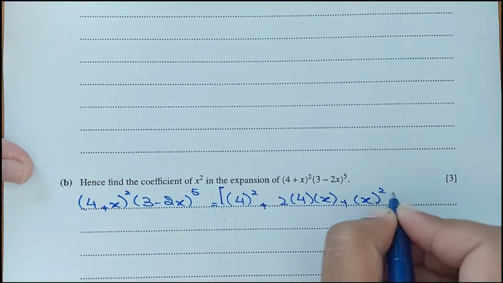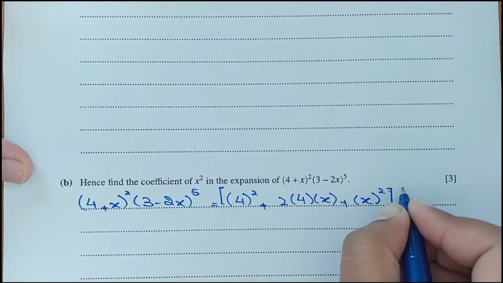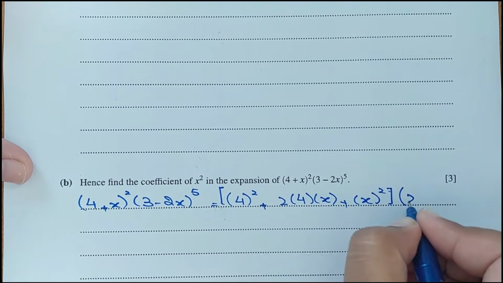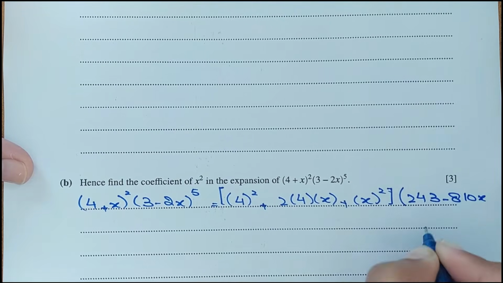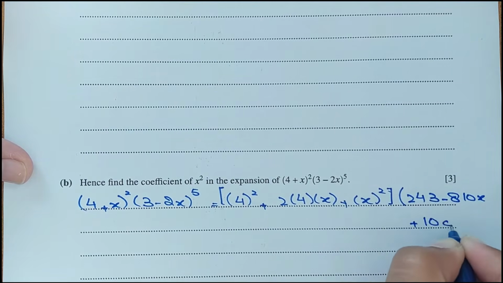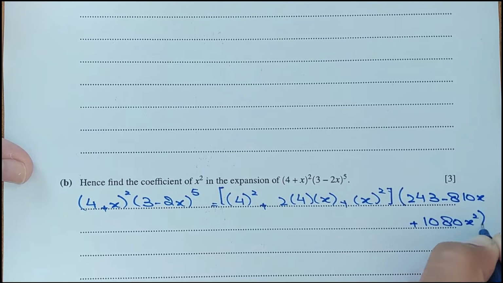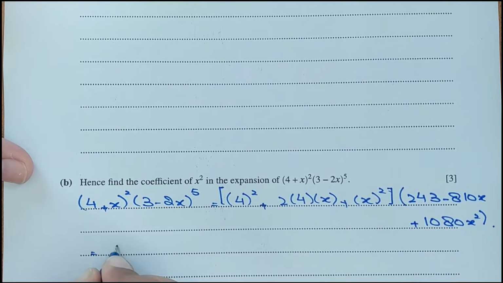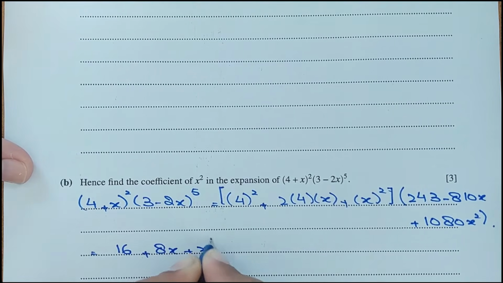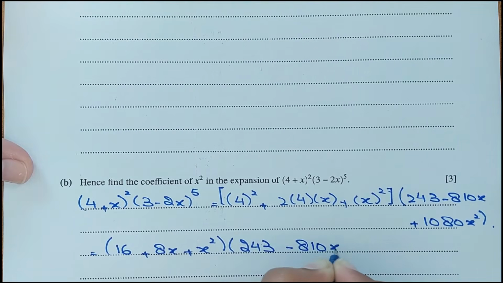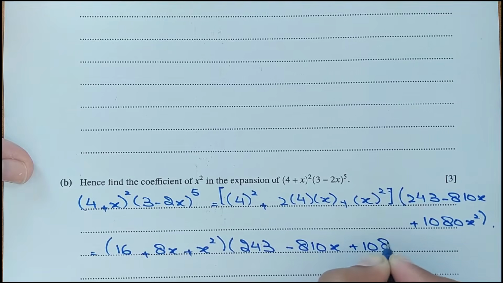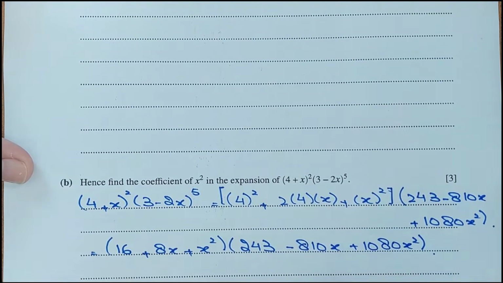This is expansion for the first term times this one, 243 minus 810x and plus 1080x square, right? 4 square is 16, 2 times 4 is 8x plus x square. This product with 243 minus 810x plus 1080x square, right?